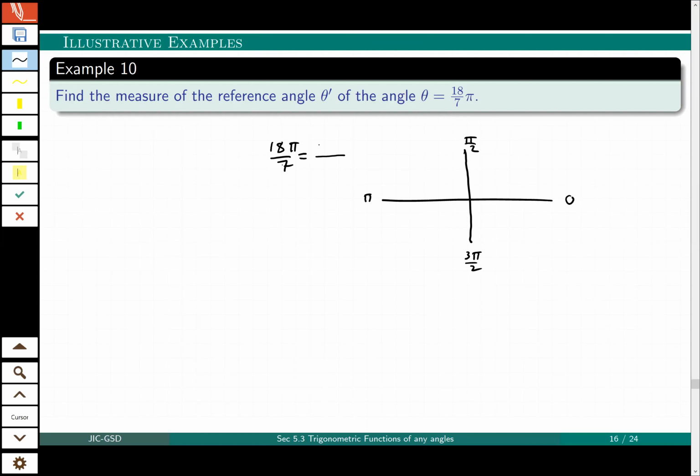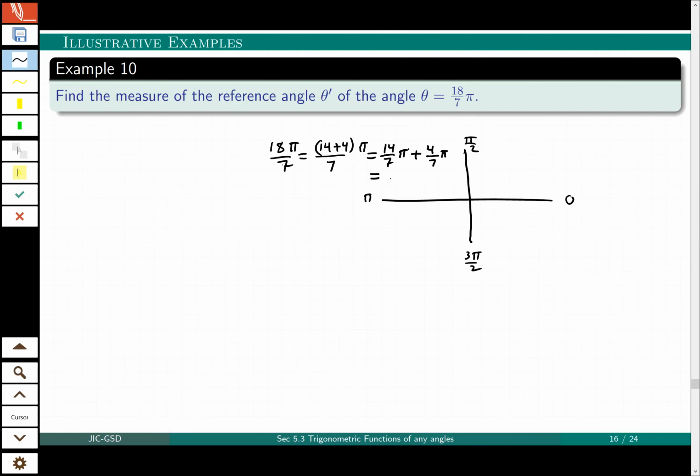So you should say 18 is 14 plus 4 over 7. So that will be 2 pi. When we say 2 pi means 14 over 7 pi plus 4 over 7 pi.